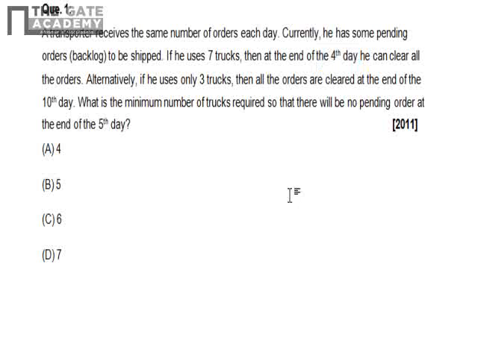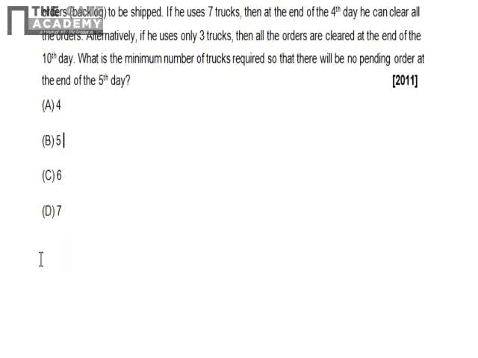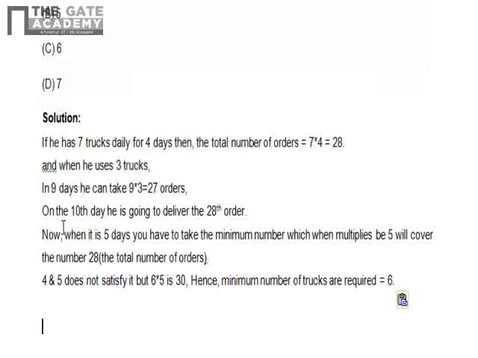So you can generalize that if there are 7 trucks and he is delivering in all 4 days, the number of times trucks have gone for delivery is 7 into 4, that is 28. That means there are 28 orders. Okay, so we'll see the solution.